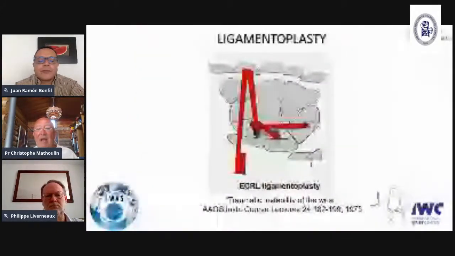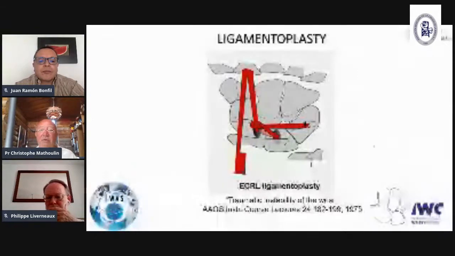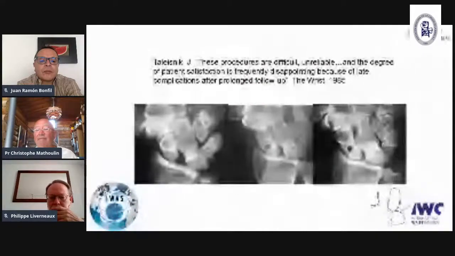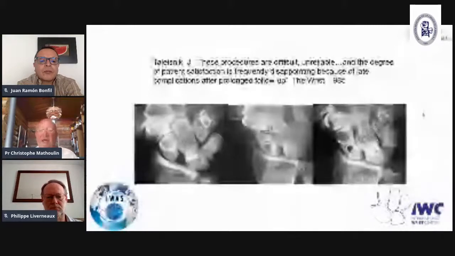So rapidly, surgeons tried to create some ligamentoplasty, and you see that the first ligamentoplasty, very close to the current ligamentoplasty, was presented at the AAOS Instructional Course Lecture in 1975. But unfortunately, at this period the ligamentoplasty was probably performed too late, and Taleisnik pointed out that it doesn't work very well.